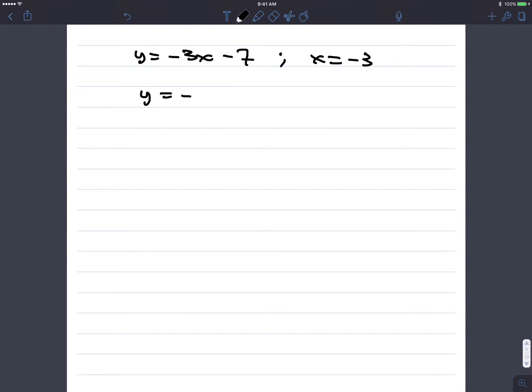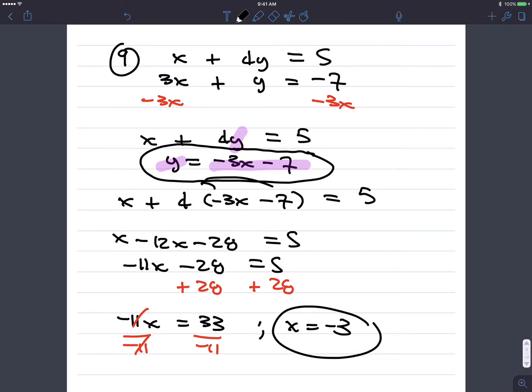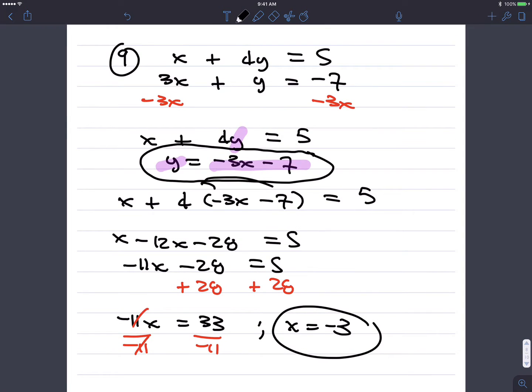We get y is negative 3 times negative 3 minus 7. y is positive 9 minus 7, or y is 2. 9 minus 7 is 2. Our solution is negative 3 comma 2. This is the point of intersection. This is number 9. Let's look at 11.